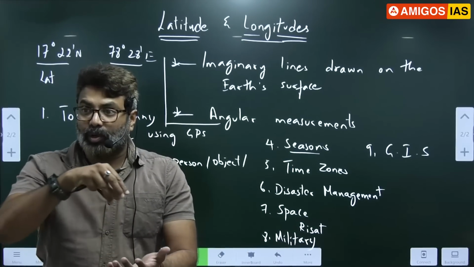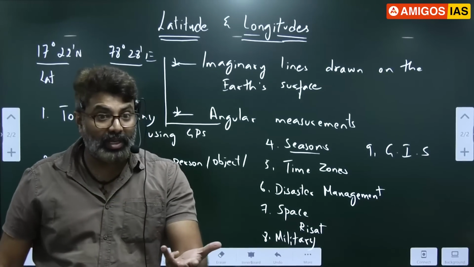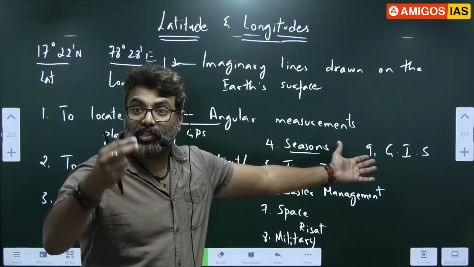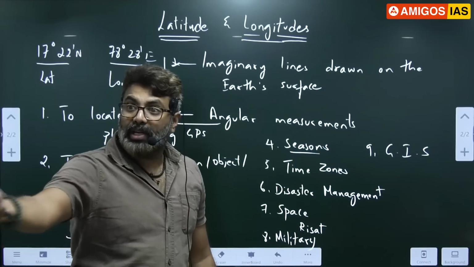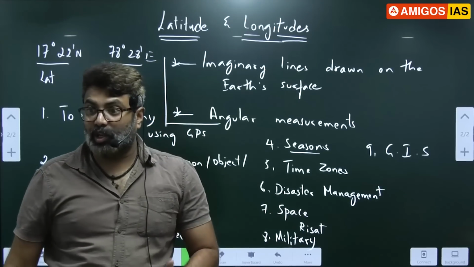Many times you will be looking at your land records online. There are so many apps, Bhumi, Dishank and all. GIS, Geographic Information System. Using that, you can easily access a lot of government services.